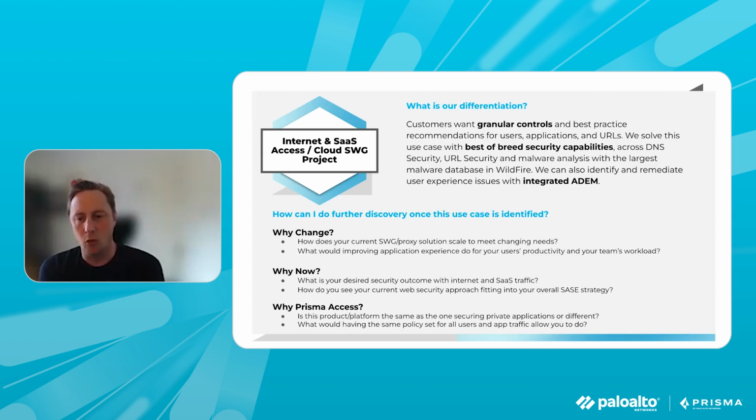So the three whys: how does your current SWIG proxy solution scale to meet your changes? That is one of the things that customers have issues with, particularly if they're still relying on on-prem things like Blue Coat. And how do we improve the application experience? Why now? What are the desired security outcomes? And how do you fix the current user experience, etc., and the ticking time bomb of your existing solution going end of sale, end of life?